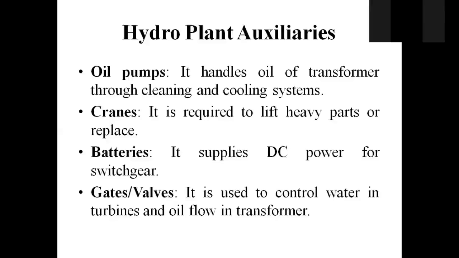Next we have cranes. To lift heavy parts of the hydropower plant, we need cranes, or sometimes in maintenance work, we have to replace some of the parts. So cranes are used to lift heavy parts.